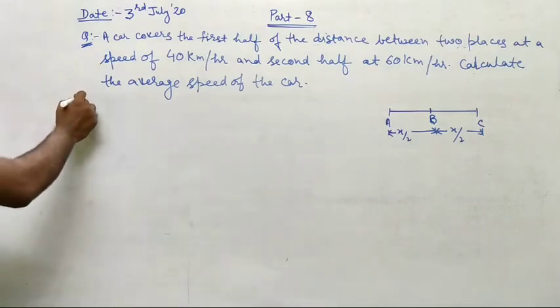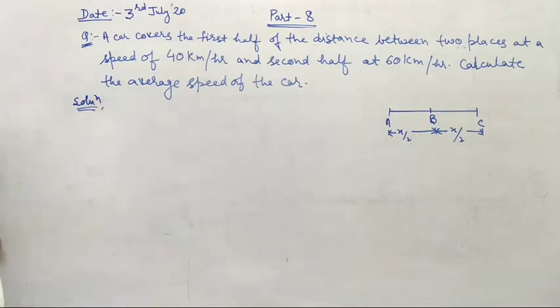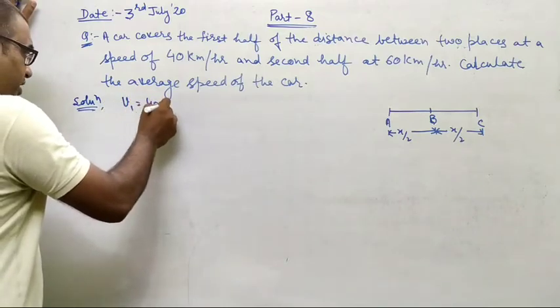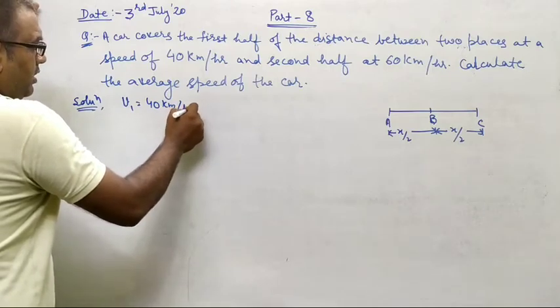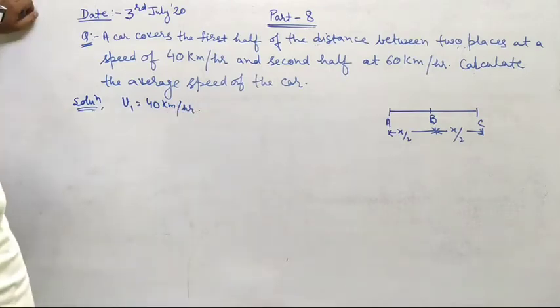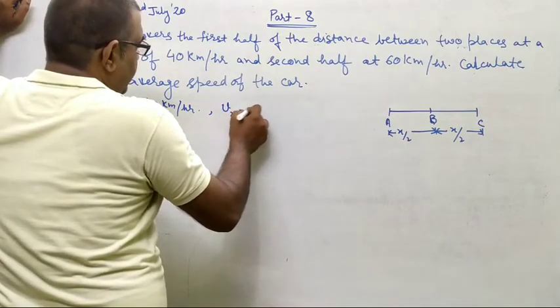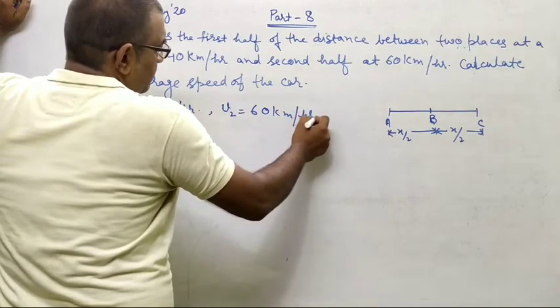So look at here. The speed of the car, that is V1 for the first half, is given as 40 km per hour. V2, that is the speed of the second half, is 60 kilometer per hour.